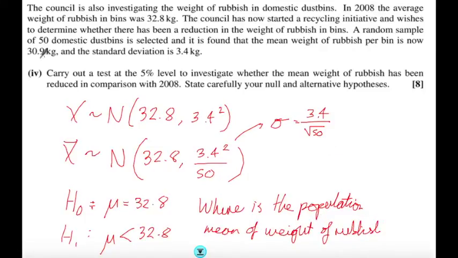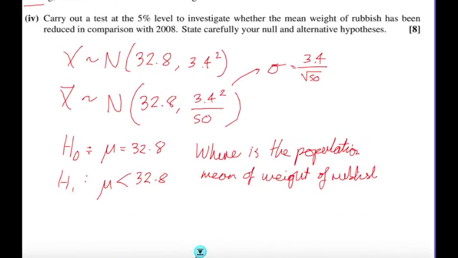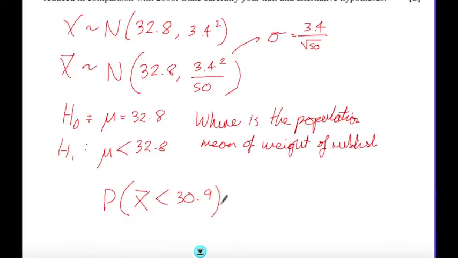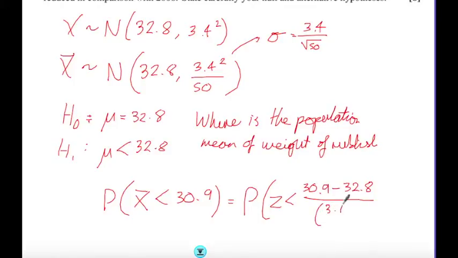So in the sample, the mean weight was 30.9. So we want to work out the probability x bar is less than 30.9. Now when we do our z value, we'll be doing 30.9 minus mu, but we'll be dividing by 3.4 over root 50, which was our value for sigma.